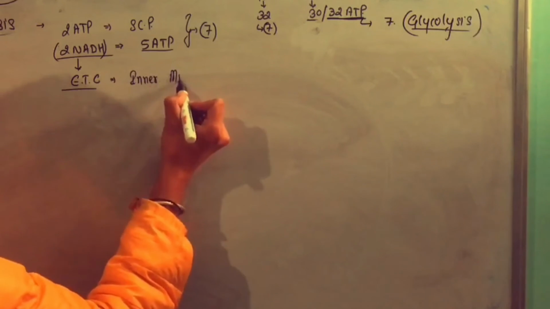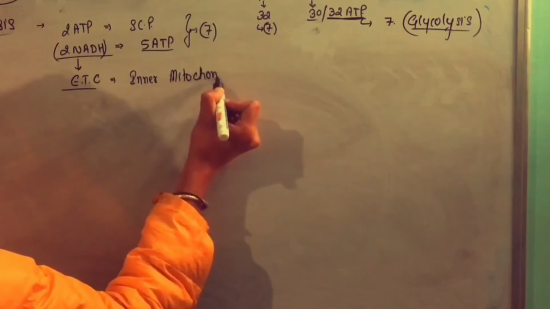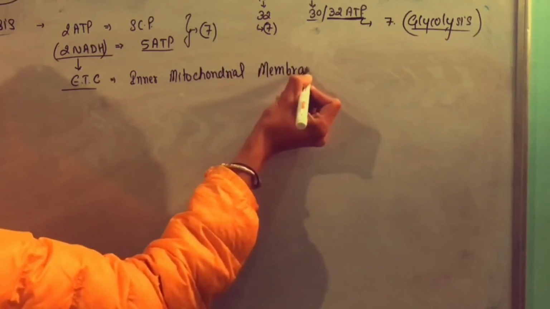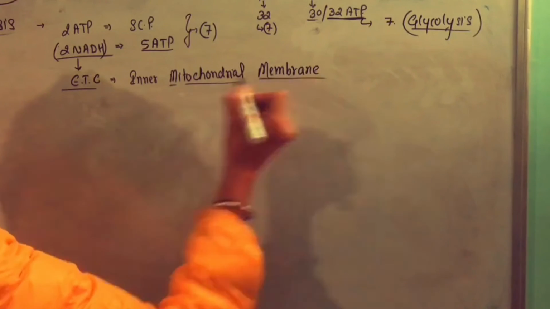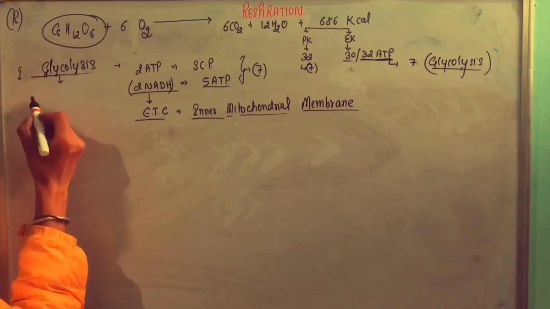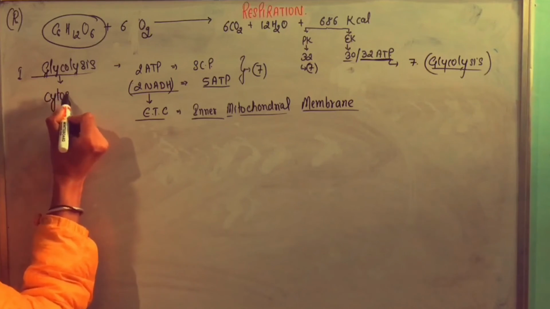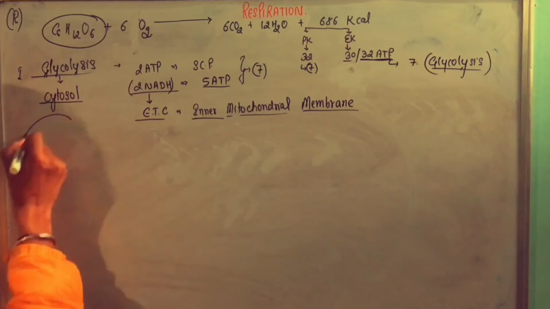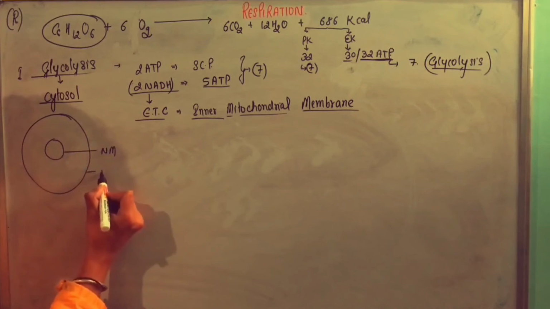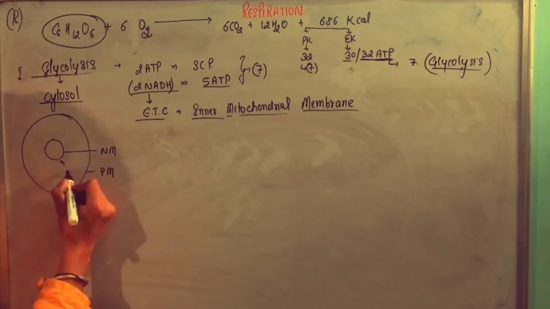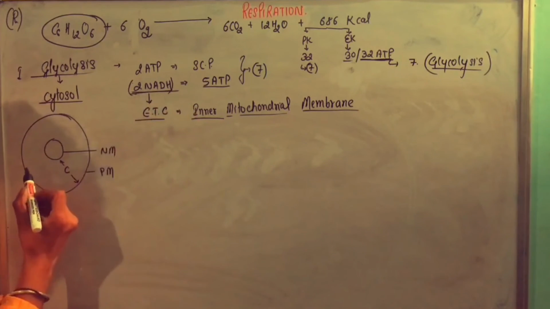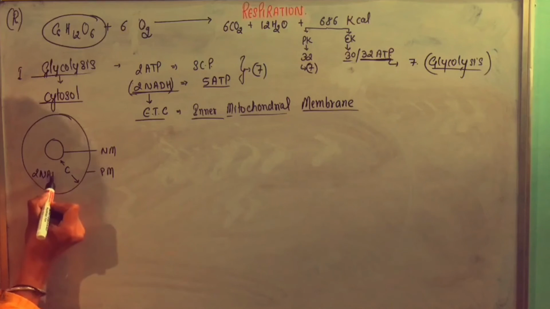This electron transport chain is present in the inner mitochondrial membrane. So glycolysis occurs in the cytosol. In a cell, this is the nuclear membrane, plasma membrane, and the region between the nuclear membrane and plasma membrane is called the cytosol. These two NADH are formed in the cytosol.